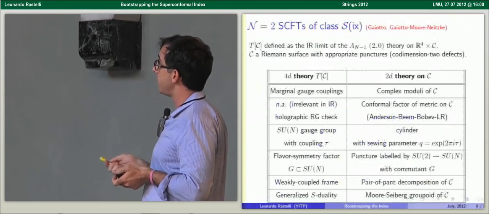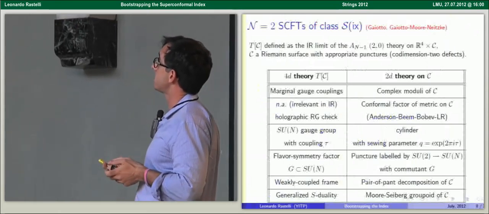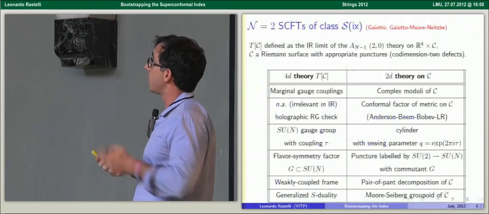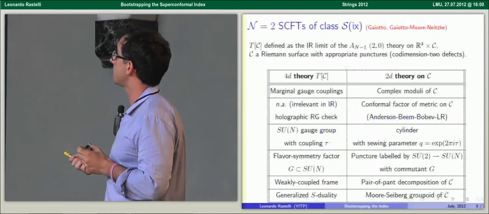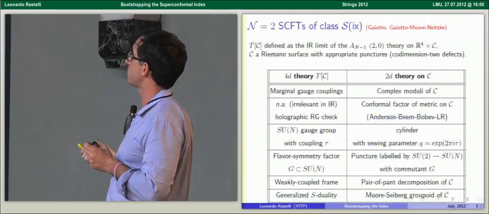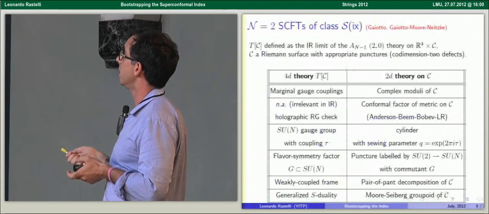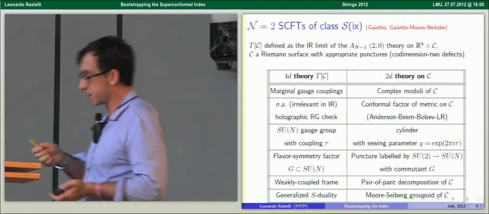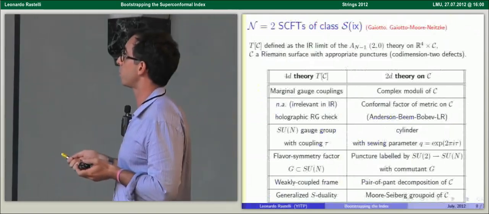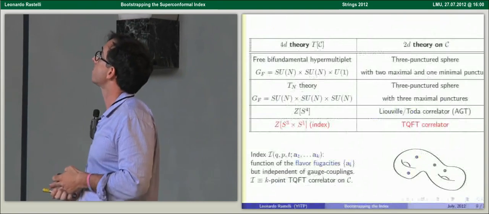And the main statement of this brand new world of class S theories is that you can consider the degeneration of the surface where when cylinders become long, that amounts to a certain pair of pants decomposition of the surface, and that's a certain weakly coupled frame of the 4D theory. And all these different weakly coupled frames are related by generalized S dualities, which are a vast generalization of the idea that N equals 4 SL(2,Z) duality is related to the modular invariance of the torus.